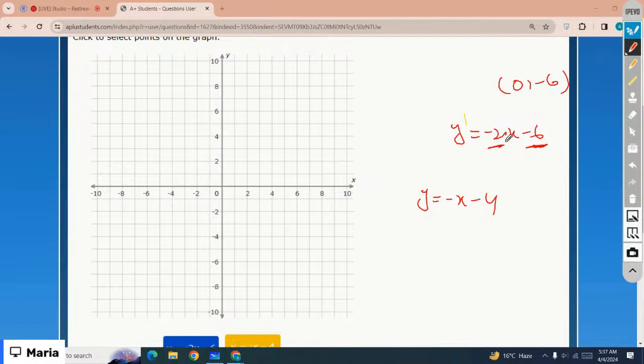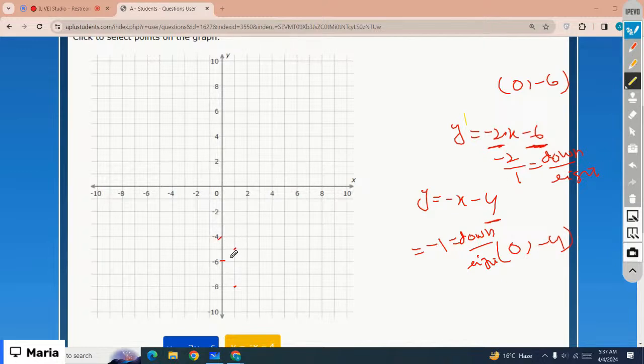That means you need to move down 2 points and right 1 point. Here you have the y-intercept 0, negative 4. The slope is negative 1. You need to move down 1 and right 1. Okay, 0, negative 6, here it is. Down 2 points, right 1 point. For the second one, 0, negative 4. Down 1, right 1. Let's join them and make the lines.